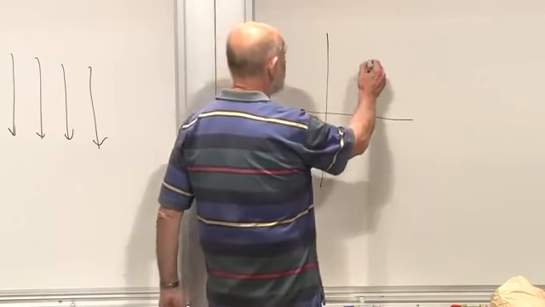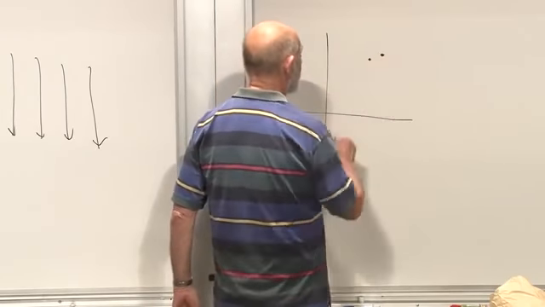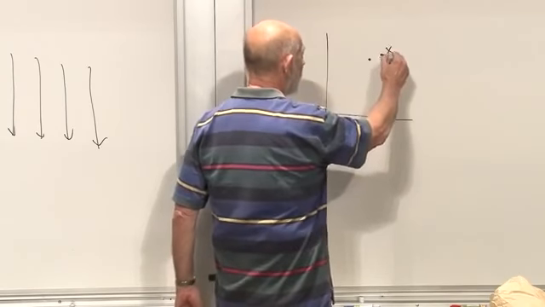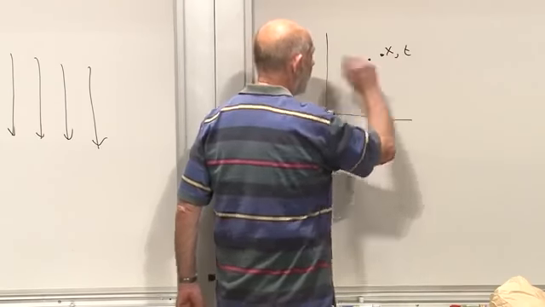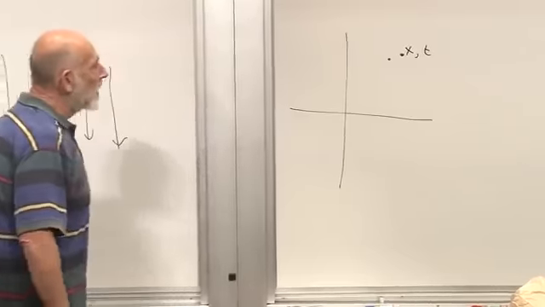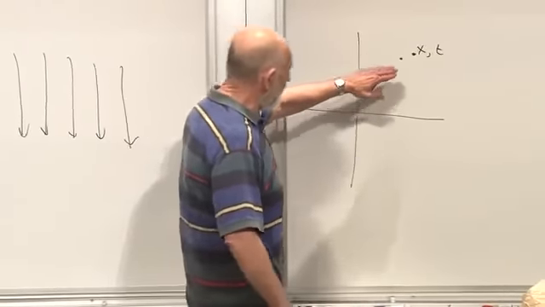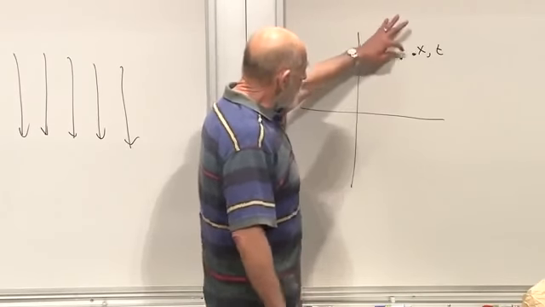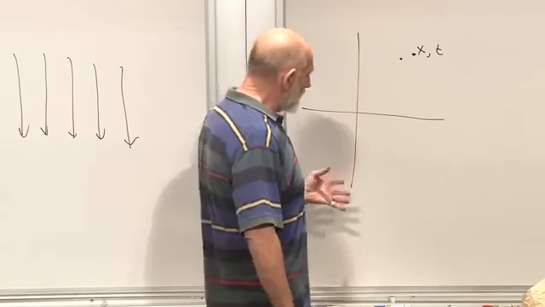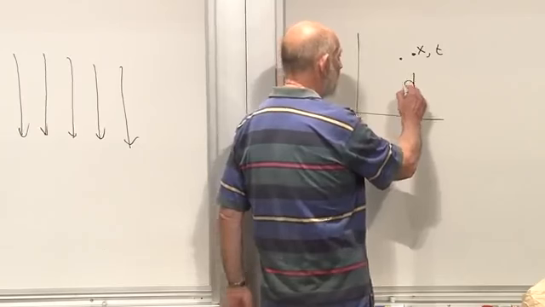A length element means any pair of points with x and t. I'm going to use x and t now. Of course, there's also two other coordinates, but let's concentrate on x and t. And the space-time difference, or distance, between 2 points is called ds squared.